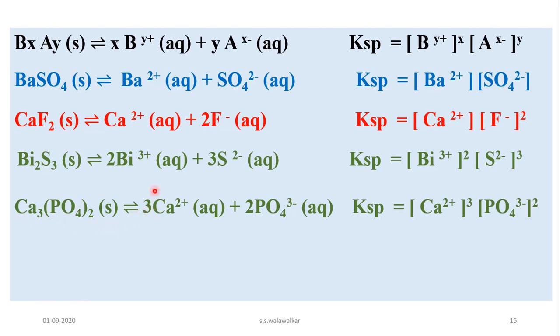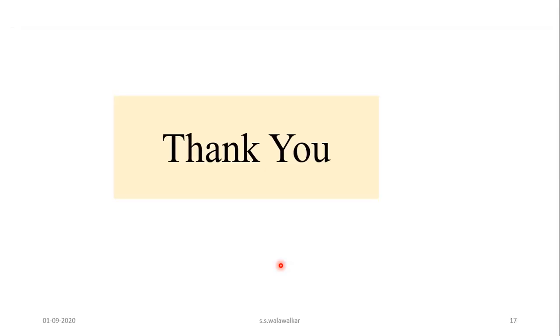Here it dissociates and gives you 3 moles of calcium ion and 2 moles of PO4 ions. So the solubility product expression for this particular sparingly soluble salt is what? The concentration of calcium ion raised to power 3 into the concentration of PO4 ion raised to power 2. So like this you can write the solubility product expression for different types of sparingly soluble salts. Thank you. We will see the relation between solubility and solubility product in the next lecture.